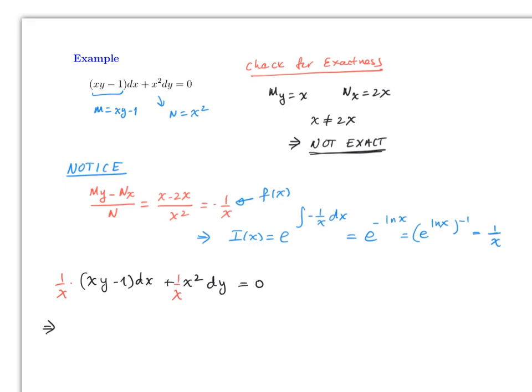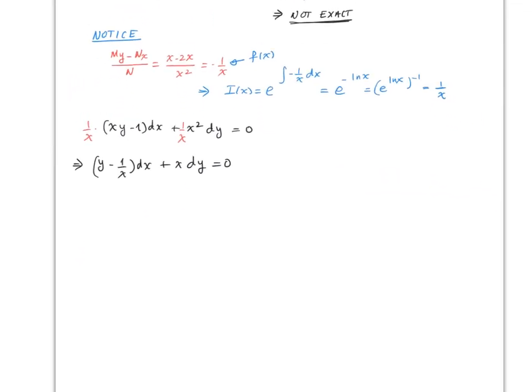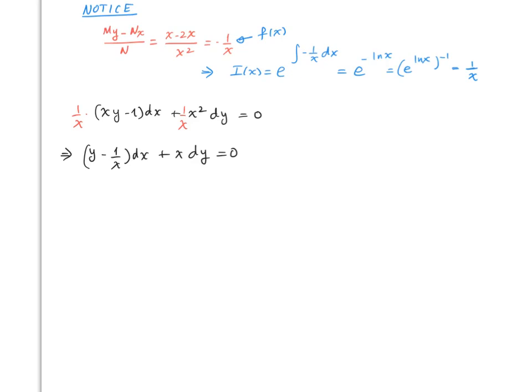Here we end up with (y minus 1 over x) dx plus x dy equals 0. This will be the new M, which we're going to call M hat, and this will be the new N, which I'm going to call N hat.